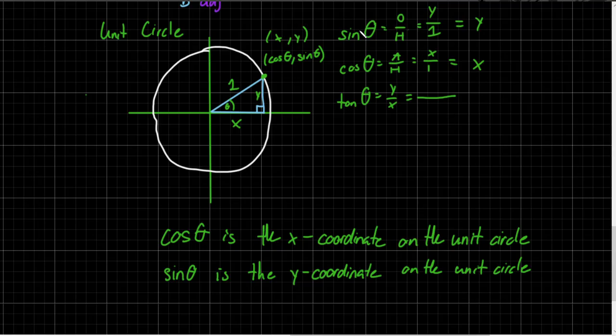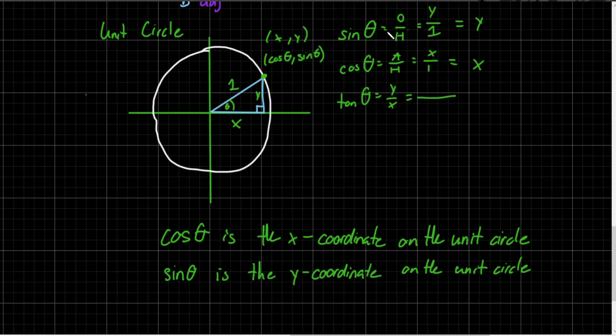So yesterday we were talking about sine, cosine, and tangent on this little triangle. And we said that sine of theta is opposite over hypotenuse. So that was y over 1. So it just equals y. So sine theta equals y. That's why it's the y coordinate. So tangent of theta was y over x. So if sine of theta equals y, instead of writing y, what can I also write?